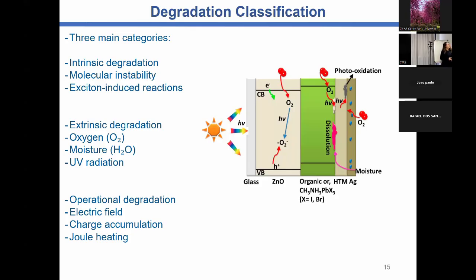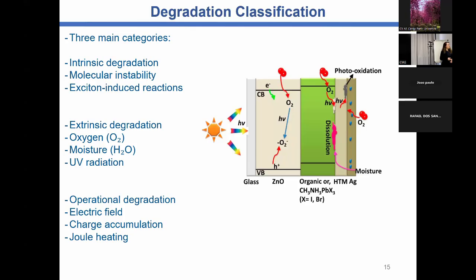So in terms of degradation, there is intrinsic degradation, molecular instability, and externally induced reactions in general. The extrinsic degradation comes from the oxygen, moisture, and UV radiation that I mentioned.